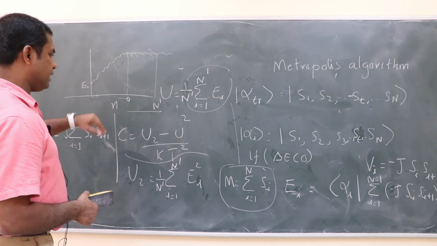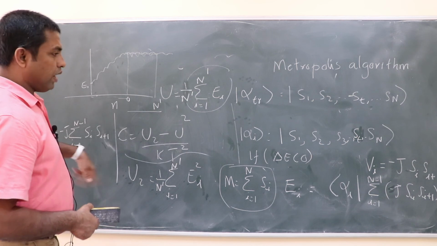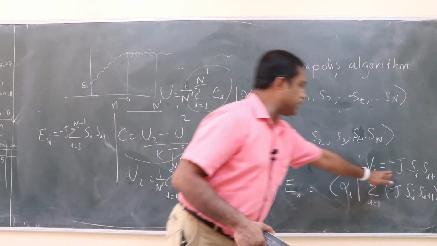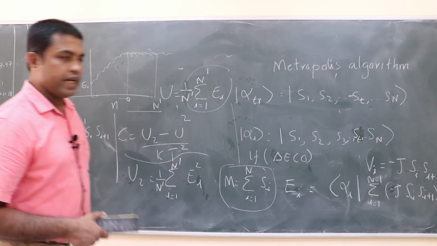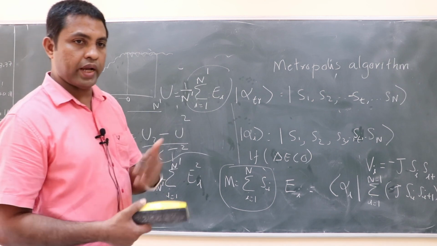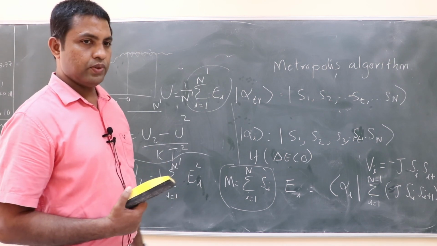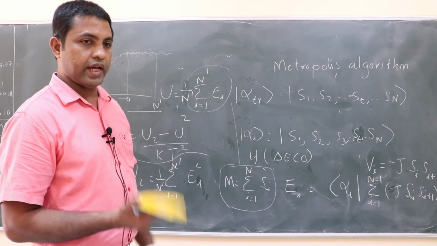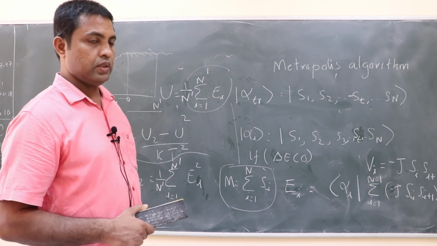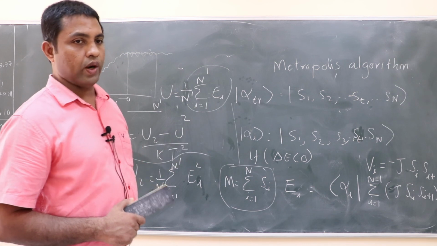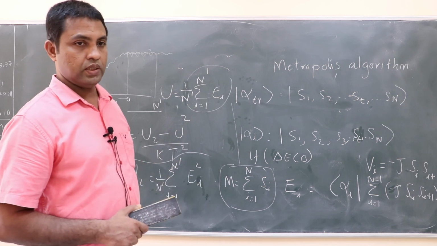Those details I can give you. One thing you can see is that J is the exchange energy. J positive means it is a ferromagnetic material. If J is negative, it is antiferromagnetic. So you can take J equal to 1 or minus 1.